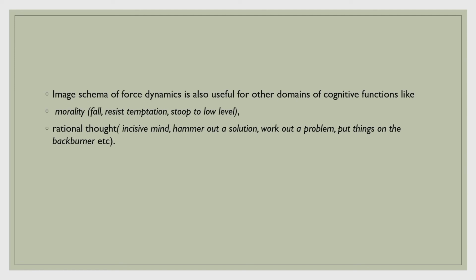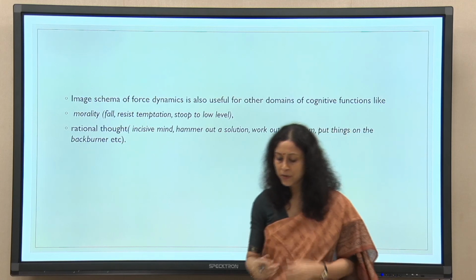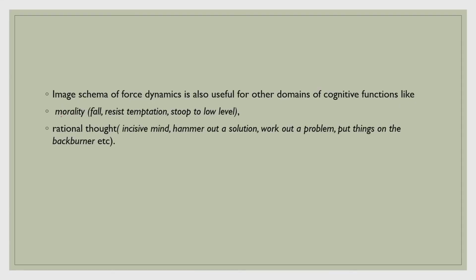This is not only utilized for a simple understanding of emotion, but also in many other domains, like talking about morality and rational thought. It is not only in terms of the category of primary emotion, but also in many other categories of human understanding, like morality. Very often we use words like "resisting temptation." We often talk about politicians stooping too low and falling for a temptation.